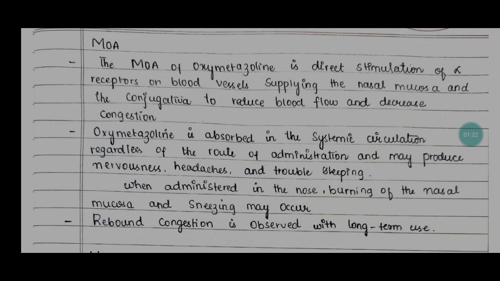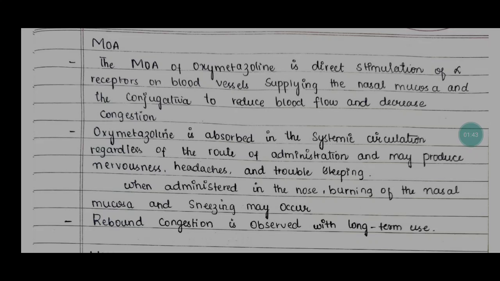in the systemic circulation regardless of the route of administration, and may produce nervousness, headache and trouble in sleeping, that is insomnia. And when administered in the nose, burning of the nasal mucosa and sneezing may occur.